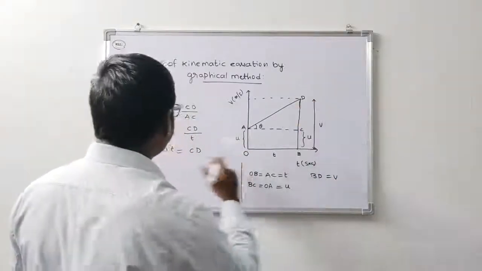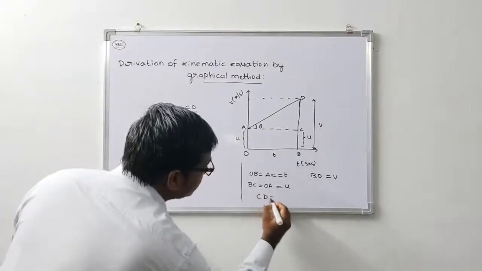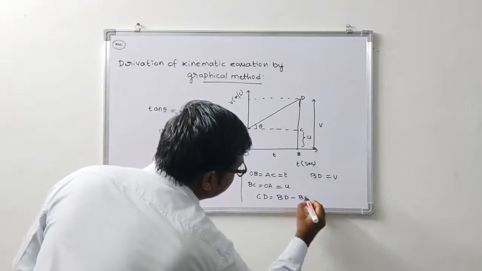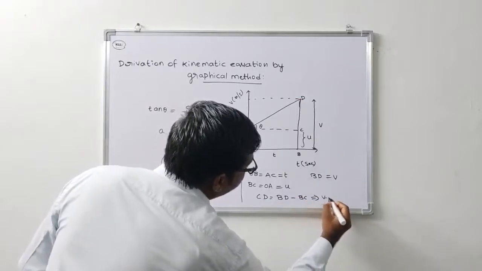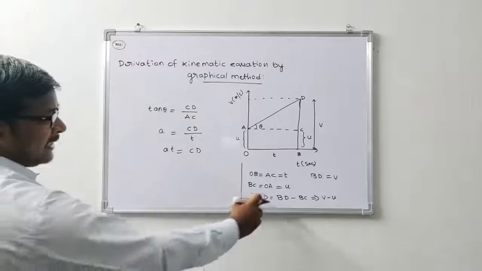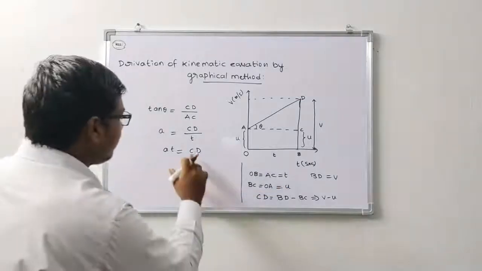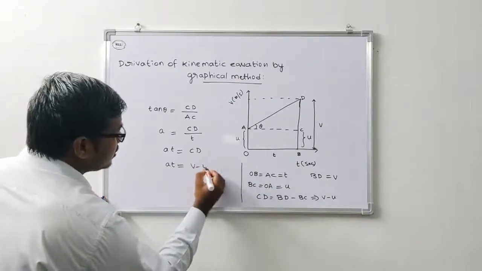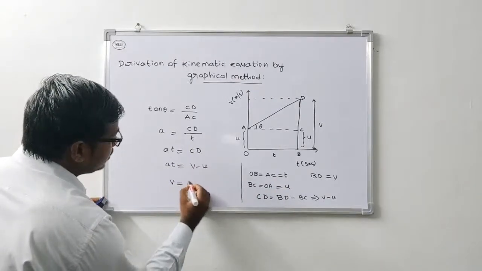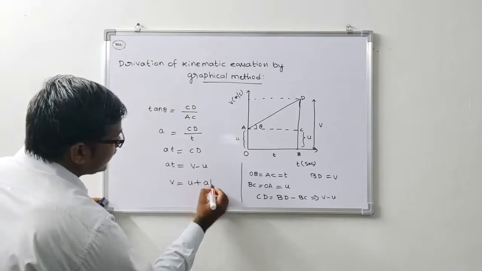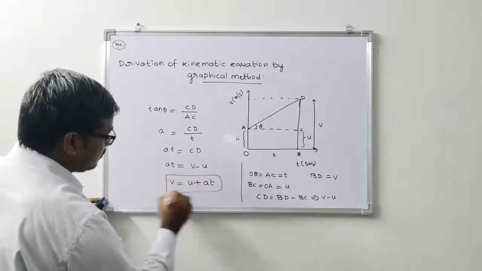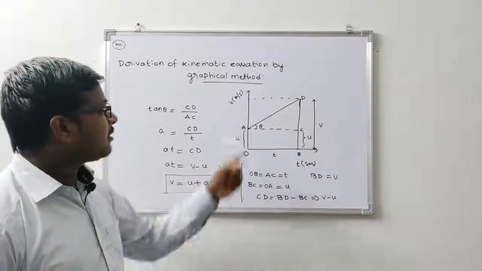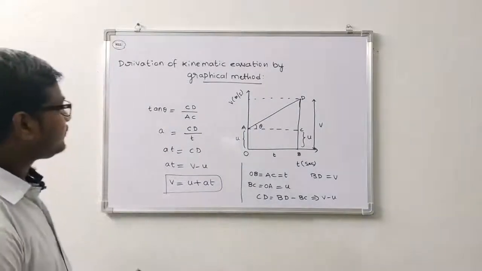Next, CD is equal to BD minus BC, that is v minus u. Substituting v minus u in place of CD, AT is equal to v minus u, then v is equal to u plus AT. This is the first equation, a very simple equation using the graphical method.